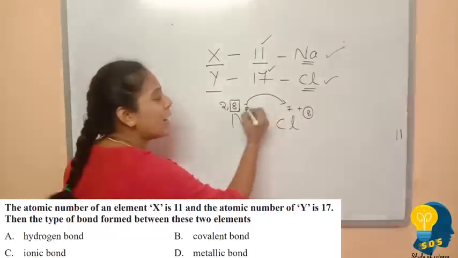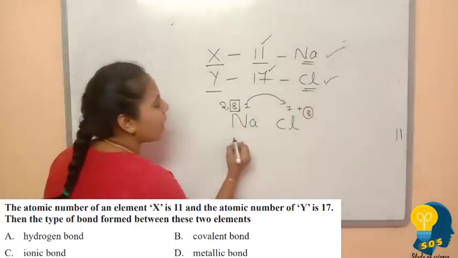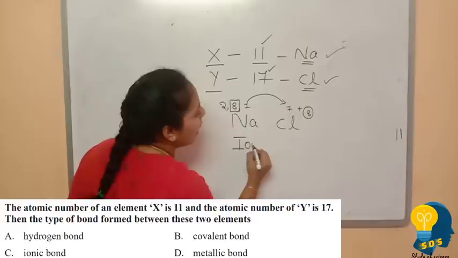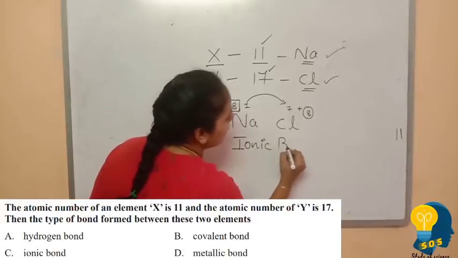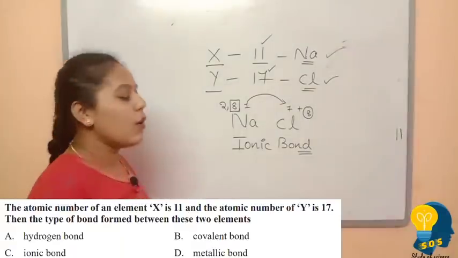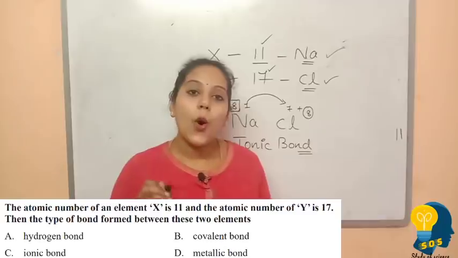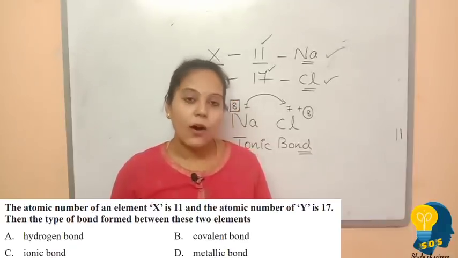Here the transfer of electrons are taking place. As transfer of electrons taking place, the type of bond formed is ionic bond. So before writing the options only, I am telling the answer. It is ionic bond.